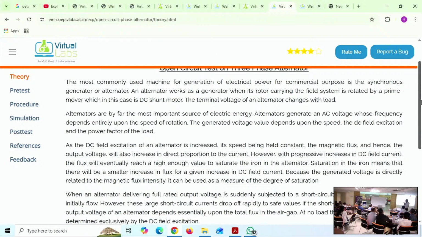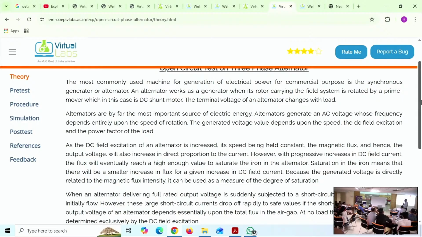It flows more around the surface itself, so the effective cross-sectional area reduces and resistance increases. We get an AC resistance that differs by a factor, and then we find RAC.